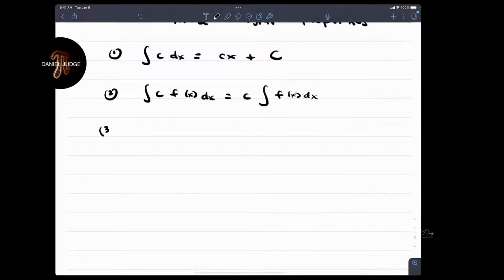Okay, number 3: the integral of a sum or difference will be the sum or difference of integrals.